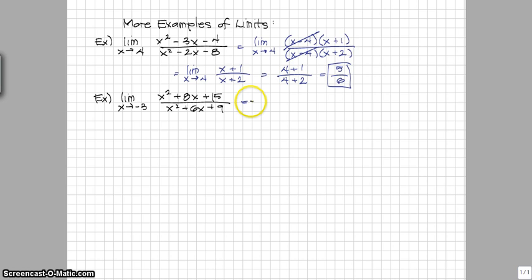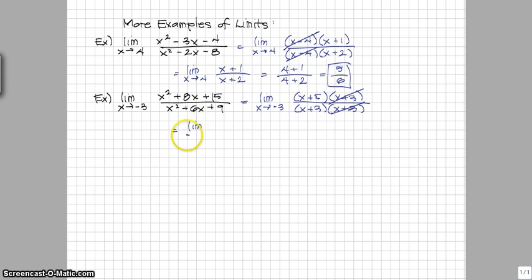And factoring the top and the bottom lets me say that this is the same as the limit as x approaches negative 3 of x plus 5 times x plus 3 over x plus 3 squared, or x plus 3 times x plus 3. And then I can cancel x plus 3 on the top and x plus 3 on the bottom and continue on trying to evaluate my limit.